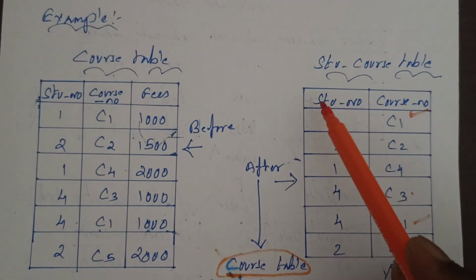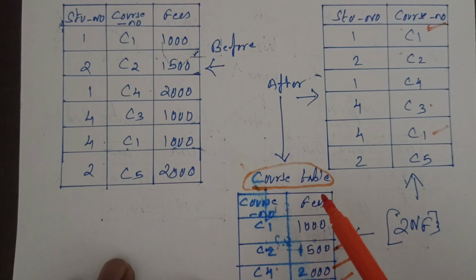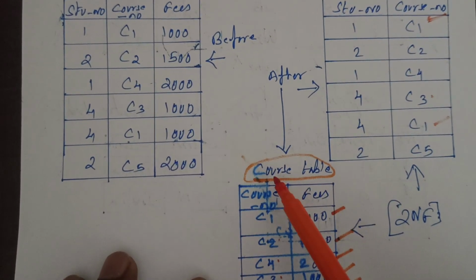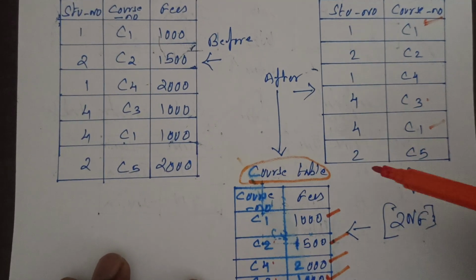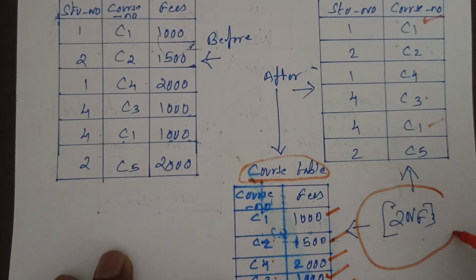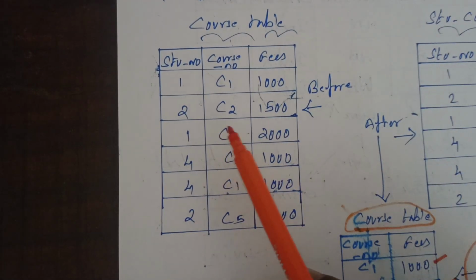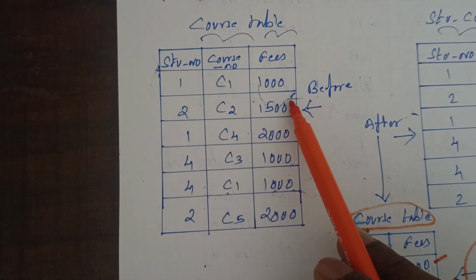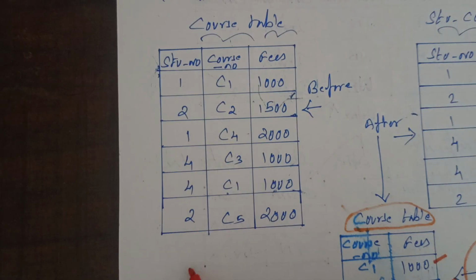That is, we have separated initially the student course table, and after that we have separated the same table into a course table here, right? Two different tables. These two different tables enable 2NF, right? So there is no partial dependency, that is, eliminating the partial dependency. Initially there was a partial dependency here between the student number and fees, course number and fees, student number and course number.